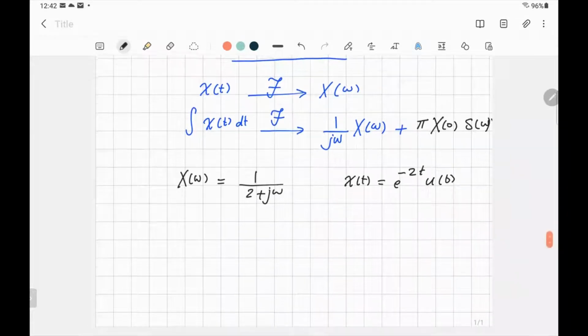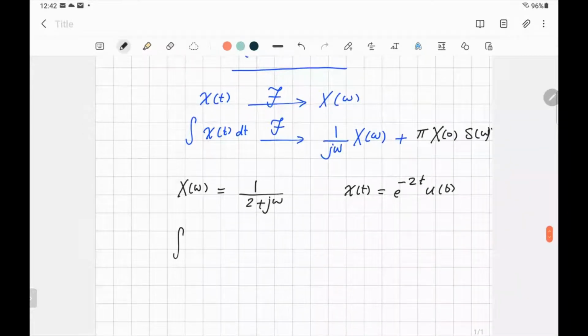All right. Now I want the integration of x of t. I can write it like that, fine. That's another way to ask: the integration of e to the minus 2t u of t dt. I want to find the Fourier transform of this function. So it's the same thing. I'm going to apply this rule: divide X of omega by j omega.